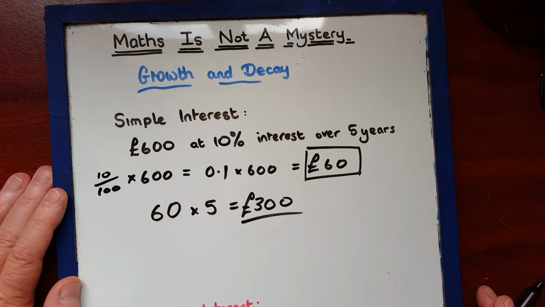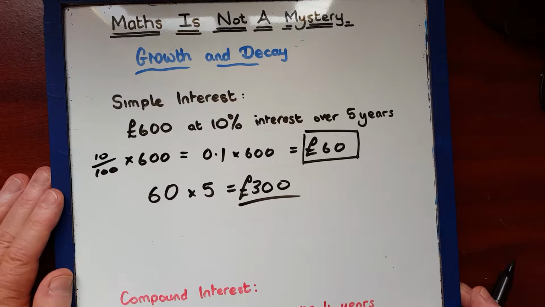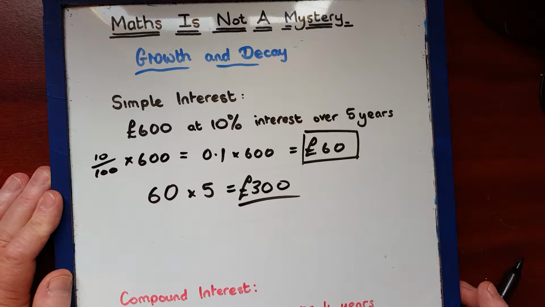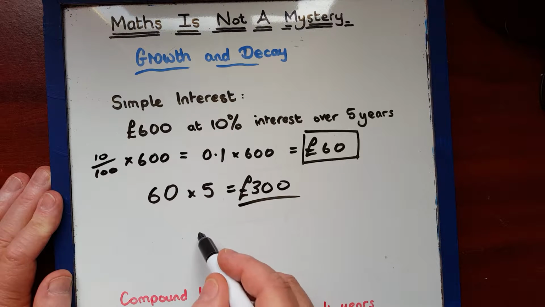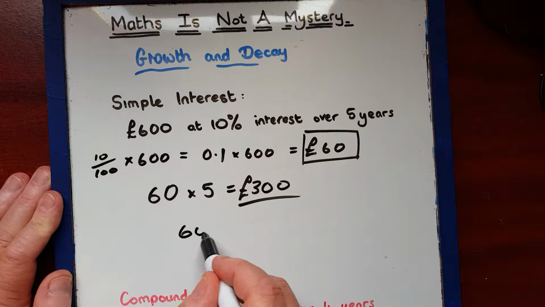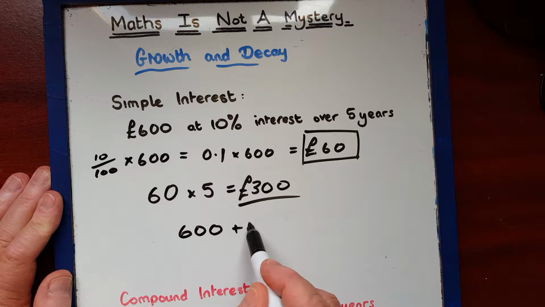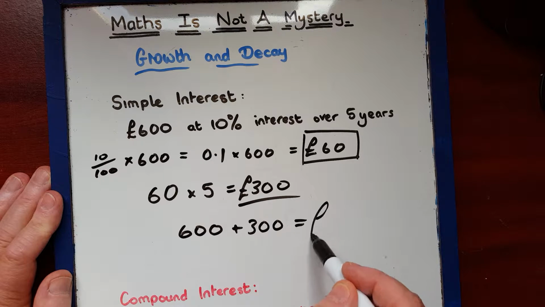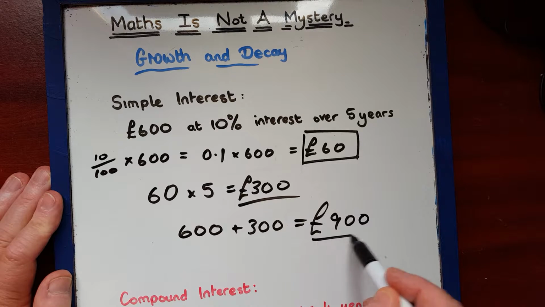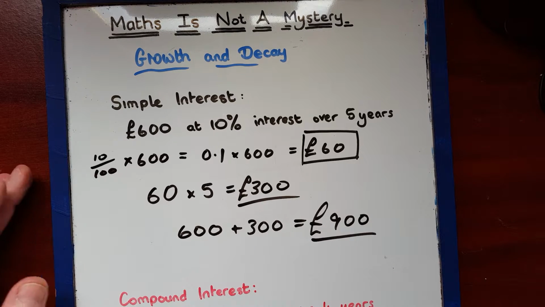and so you would be paying or earning, whichever way around it is, £300 in interest. The total cost of your loan, or the total amount of money given to you in the savings account by the end of this, would be your original 600 plus the £300 interest, which means that the total amount would be £900.